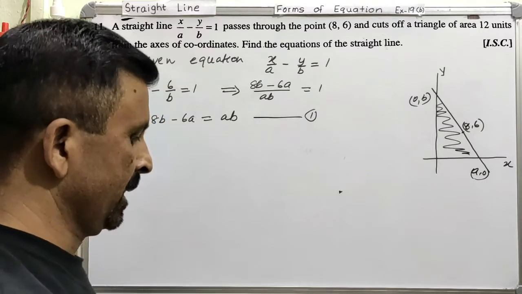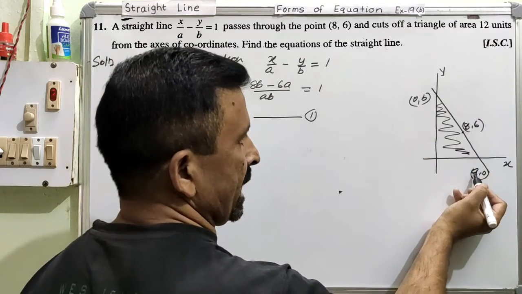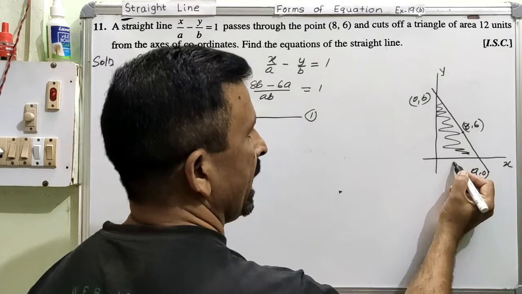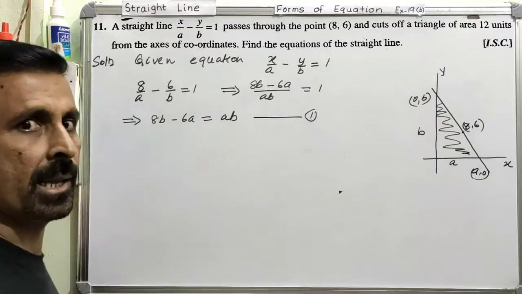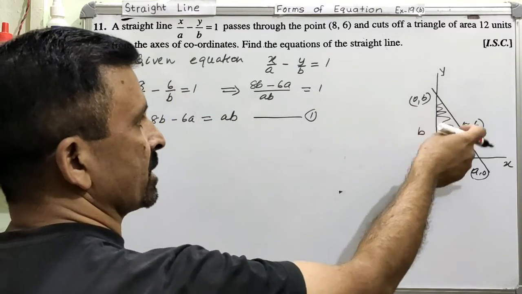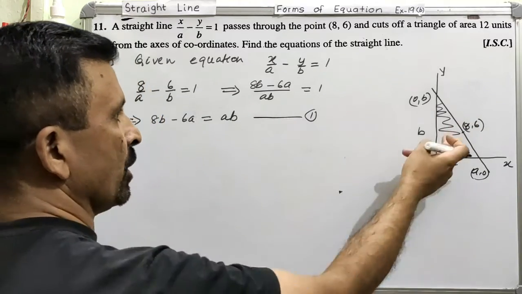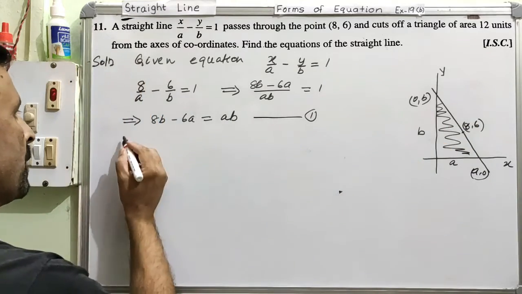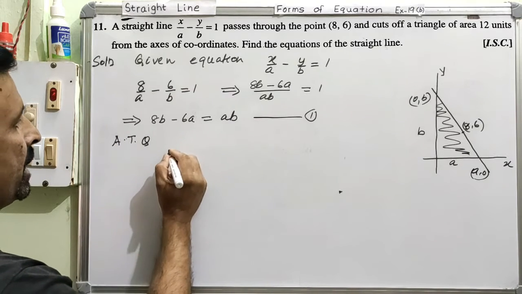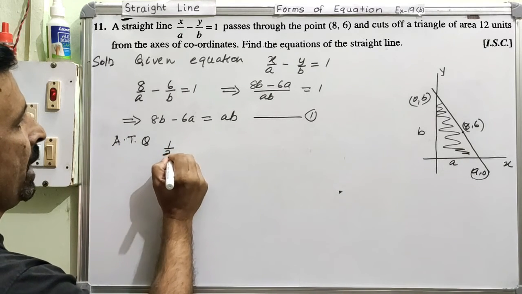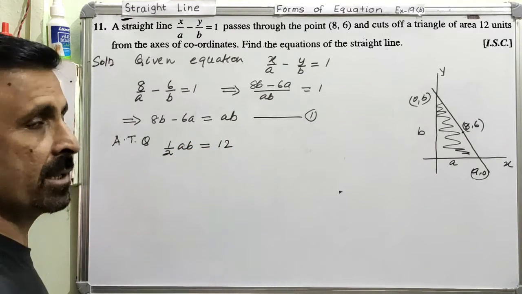Is this very clear? Now, if the coordinate is (a, 0), that means this distance will be a and this distance is b. Am I clear? So let us find out the area of this triangle, because you know the area of a triangle is half of base into height. So according to the question, half of a into b will be equal to 12, which is given in the question.